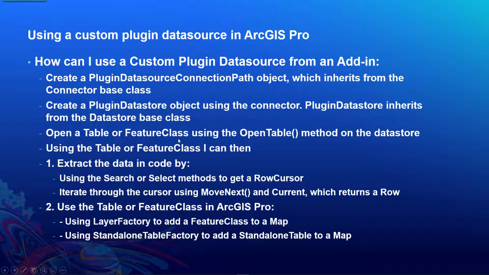I can then open a table or feature class, using the open table method on that data store. And then using that table or feature class that I get back, I can extract the data by code by using search or select methods to get a row cursor and then iterate through that row cursor.